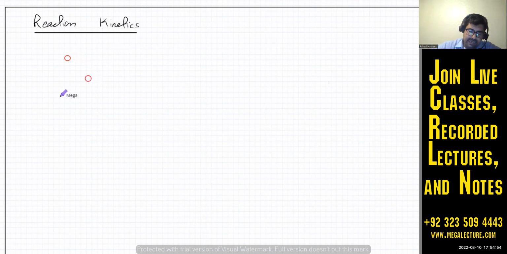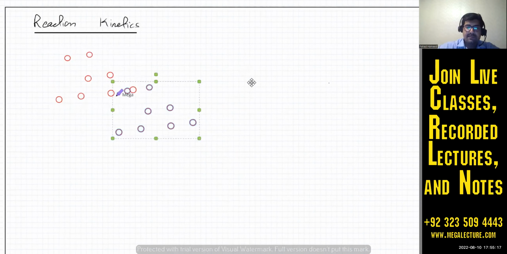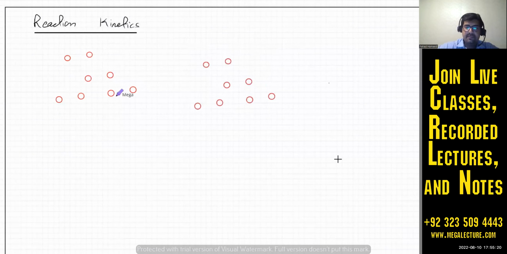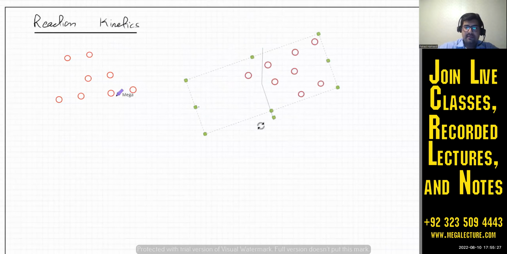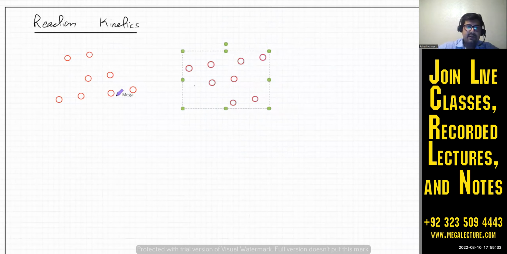So you've got particles A colliding with particles B. You've got a bunch of particles, atoms or molecules or ions, and these particles will collide with another bunch of particles, let's call them particles B. So A is going to react with B, and when they react, they collide and bump into each other, and that results in a particular reaction.